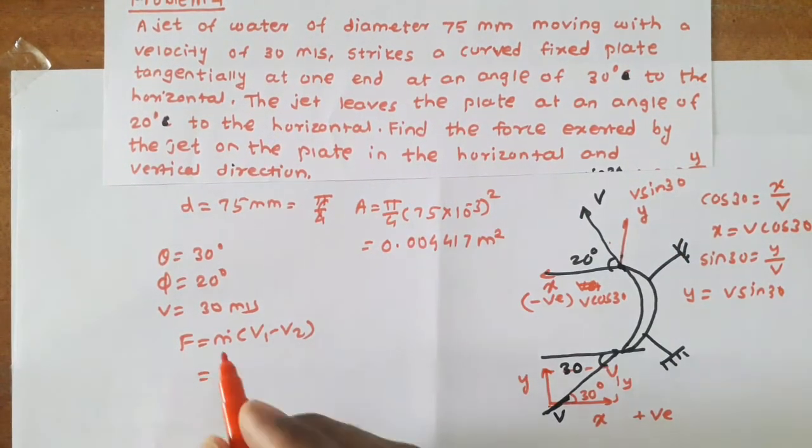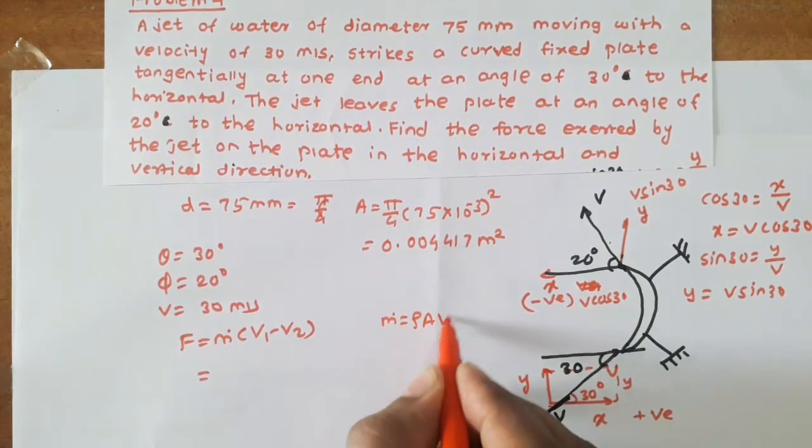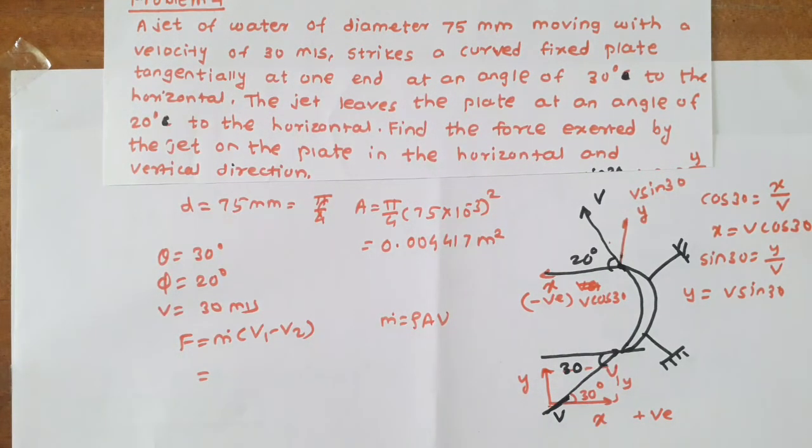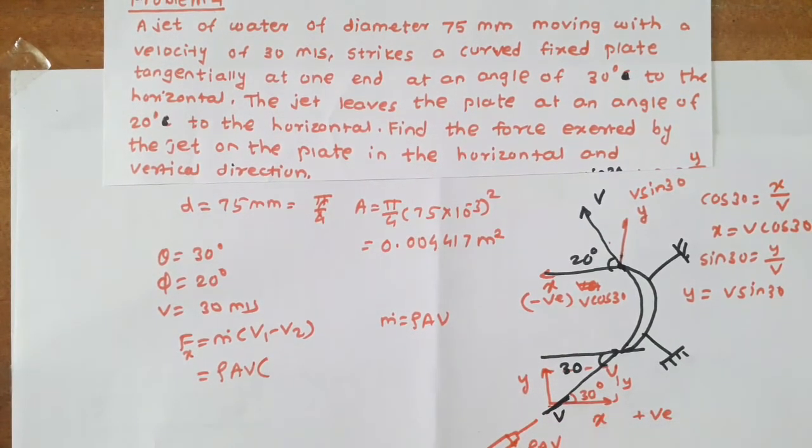So in this case again the m dot quantity is the same. M dot is rho A V. The water coming out from the jet has the value rho A V, and the same amount of water strikes the blade. First we calculate the x direction force. The x direction component is v cos 30.